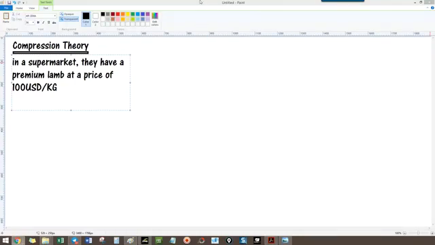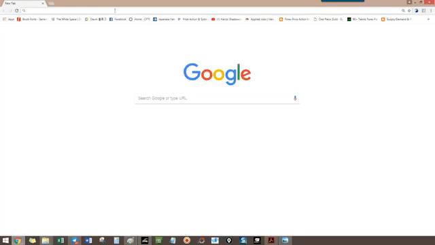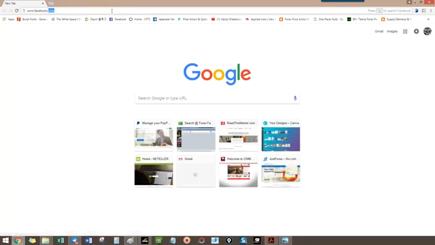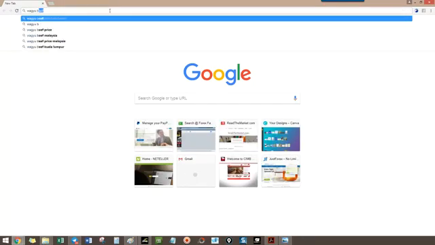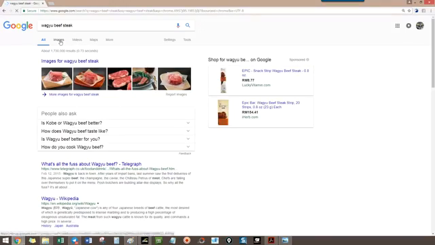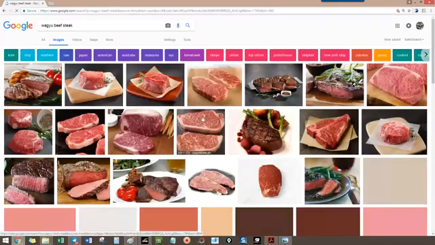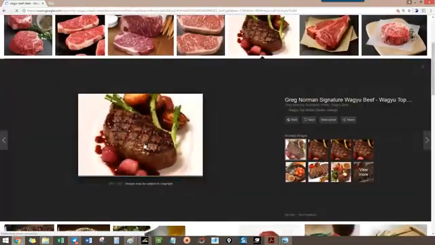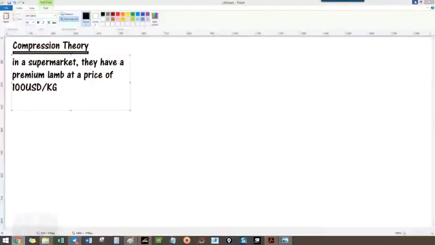Wagyu beef steak. Okay, so in my country, if you have something like this, just a small portion of this, it will be about 100 to $200 for this Wagyu beef. Okay, so imagine we have a premium lamb about 100 USD per kg.